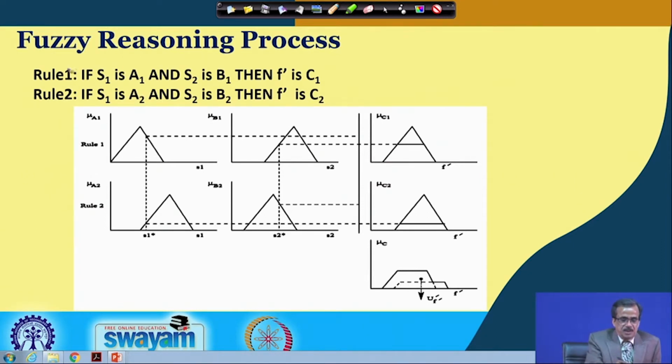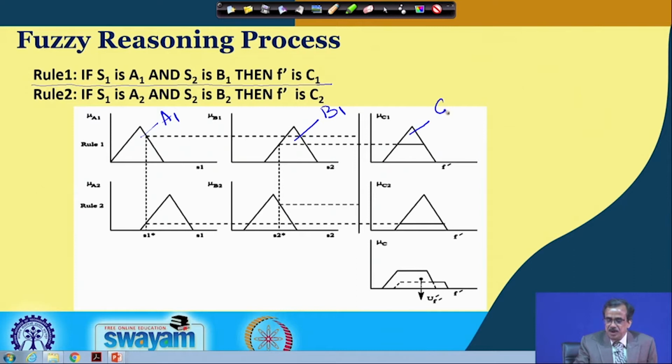Now, the first rule is: if S1 is A1 and S2 is B1, then A prime is C1. Now, let us see how to represent this in the figure. So, this indicates the first rule. If S1 is A1, this is the membership function distribution for A1, and this is the membership function for S2, and S2 is B1, then A prime is C1.